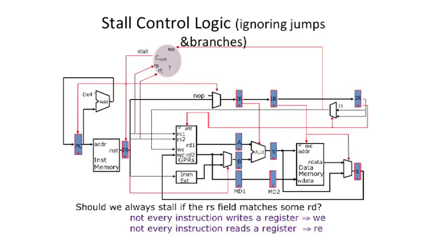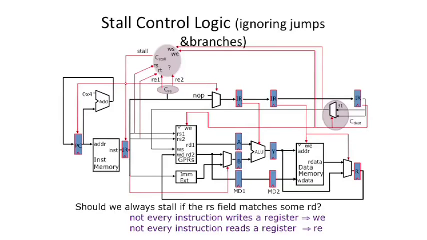OK, so let's calculate this a little bit more. We're going to have something which calculates the destination, and I'll talk about what this blob is in a second. But then we need to add the write enable for this location in the pipe, and we need to add these read enable signals here.